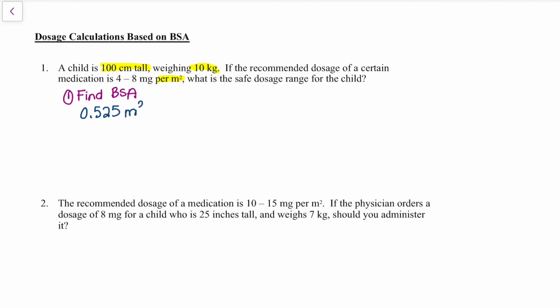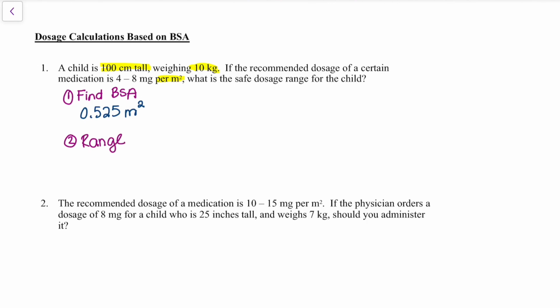And again, you might have found 0.52 or 0.53. That's why the West nomogram isn't hugely accurate, but it's a good kind of estimation if you're not having to be 100% on the money accurate. The second one is going to be looking at my range.